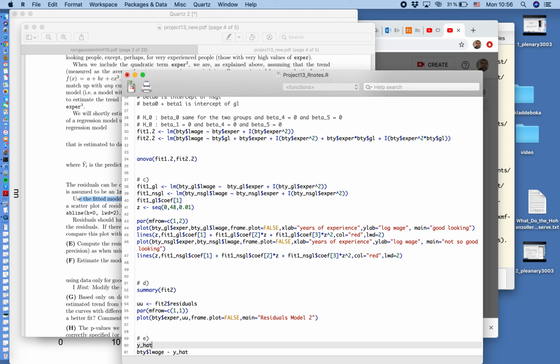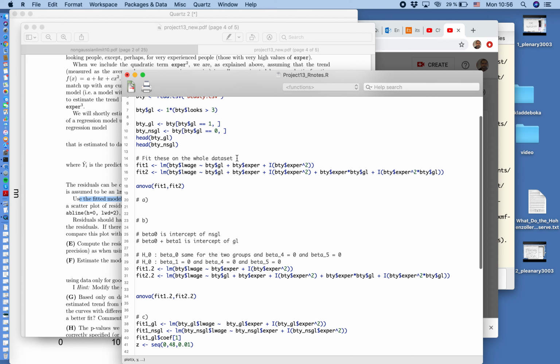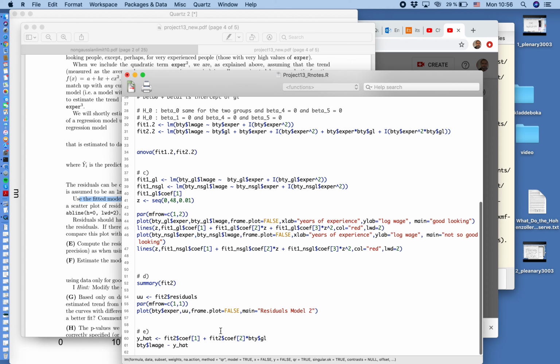So now we make our y hat, which is then fit2 coefficient 1 plus fit2 coefficient 2 times the first variable. Actually, we could just take this, copy it down here. So let's do that.